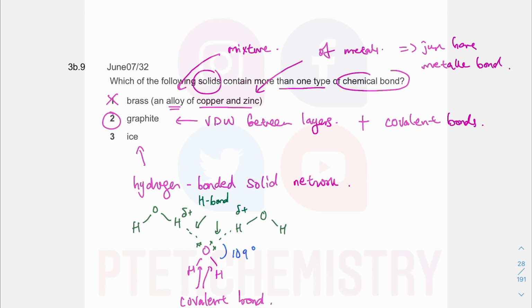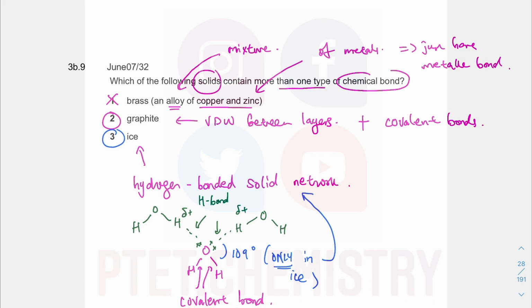It is as if the oxygen has 4 bond pairs and 0 lone pairs. Because they're so close together, it matches 4 bond pairs repelling equally, tetrahedral, 109 degrees. But this is only in ice, okay, only in ice because of that hydrogen bonded solid network.